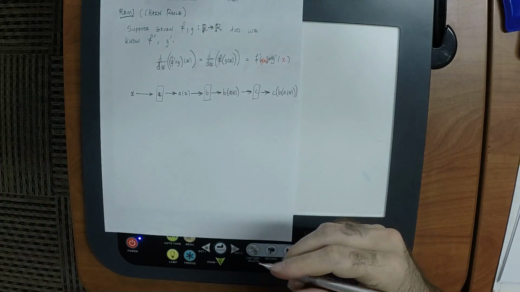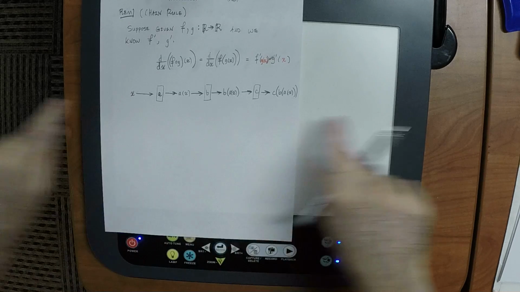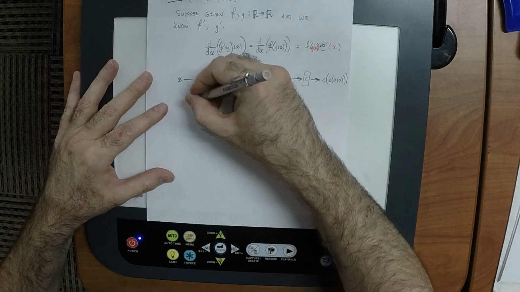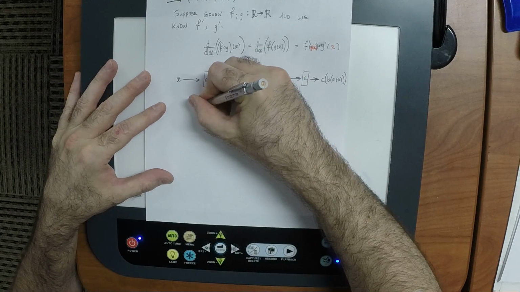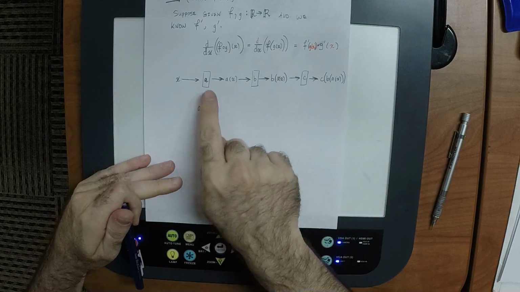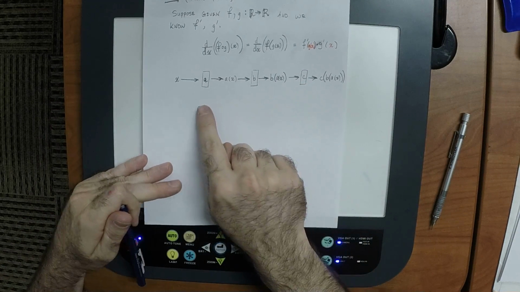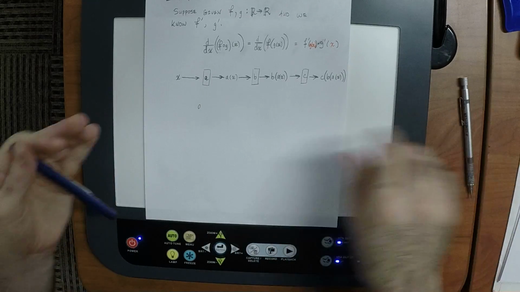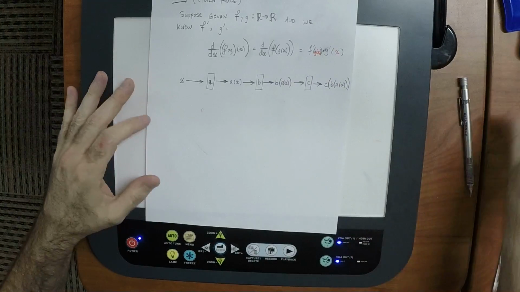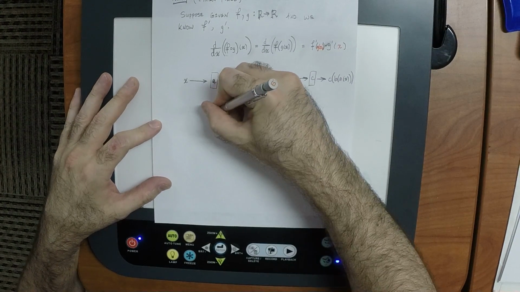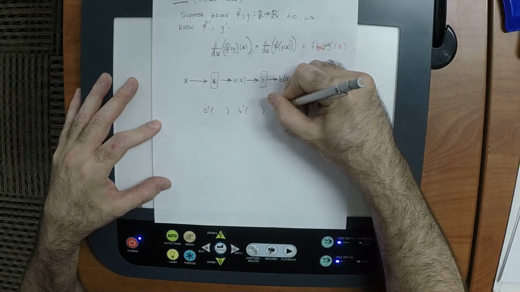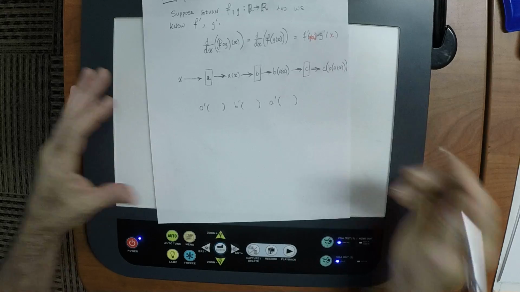Then the chain rule is saying, the derivative of this chain of functions, you have to do it in the correct order. What order do I have it in? C comes last, so C needs to be all the way to the left. So it would be C's derivative evaluated somewhere, B's derivative evaluated somewhere, A's derivative evaluated somewhere.